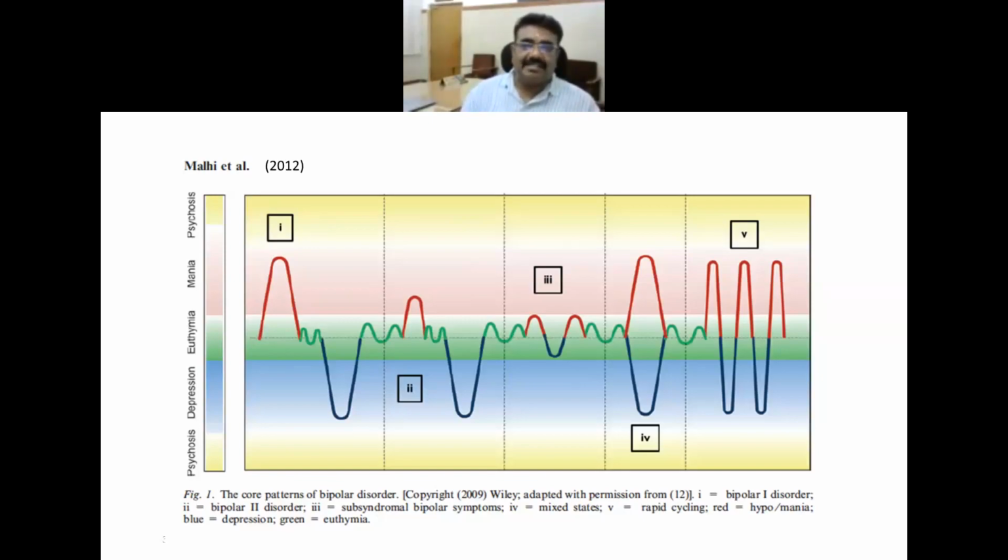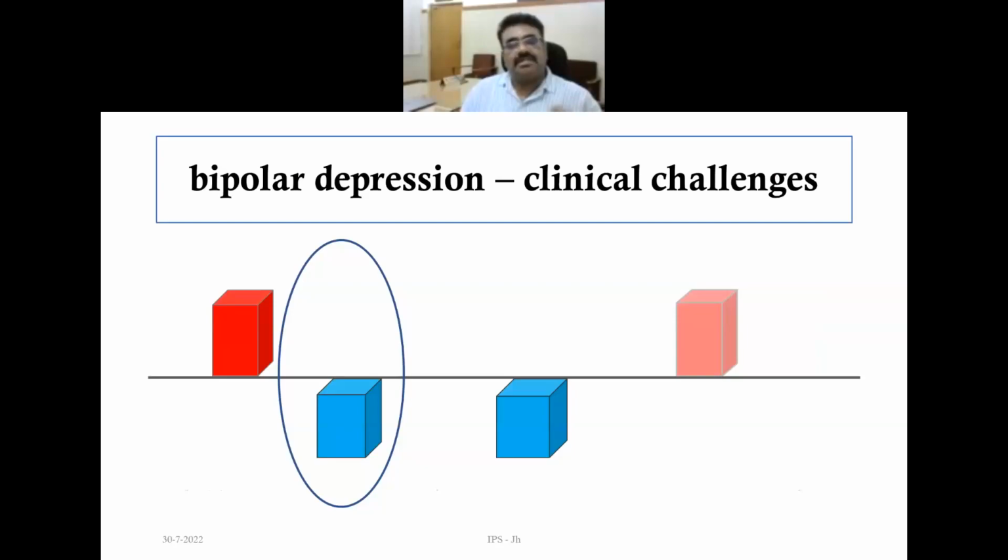You know that the time spent in depression is far, far greater, even though the number of manic episodes may be much more. So while we may differ from the data present internationally in terms of the course of bipolar disorder, both abroad as well as in India, we can safely say that the time spent in depression is fairly high, which is why it's important for us to have adequate treatment for this condition. So what are the clinical challenges?